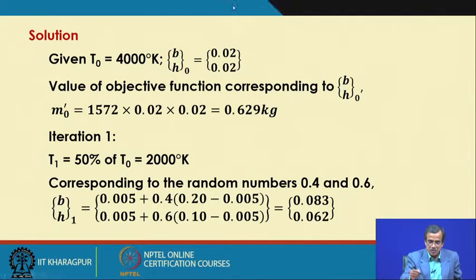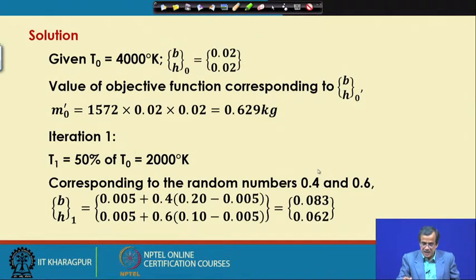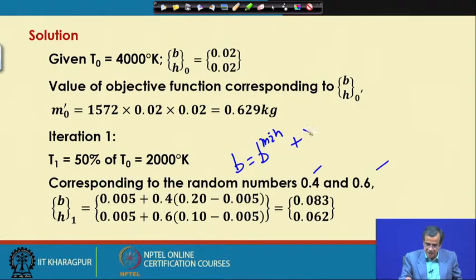Now, corresponding to these random numbers 0.4 and 0.6, I will have to find out the values for B and H. How to find out? To find out the value for B corresponding to 0.4, we use this formula: B is B minimum plus the random number r multiplied by B maximum minus B minimum.